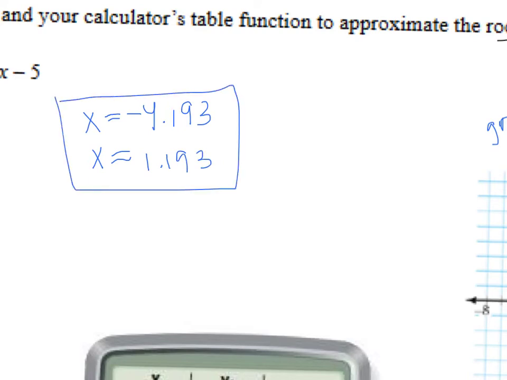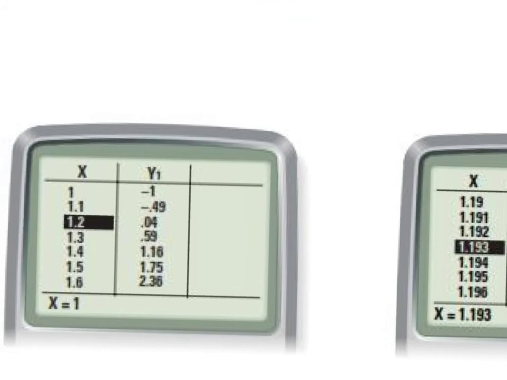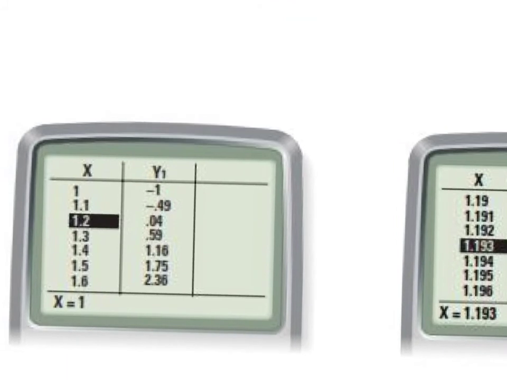Now you can also look at your calculator's table to verify that those answers are correct. So if we were to look at our table and we go to the tenths place, looking here, the closest we get to 0 is 0.04, which corresponds with an x value of 1.2.